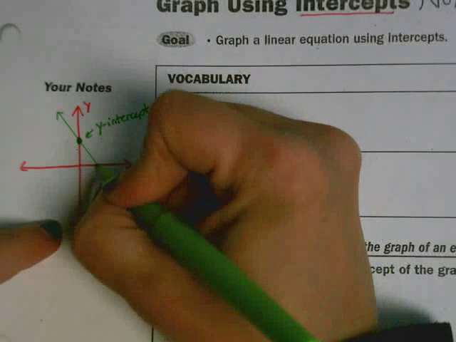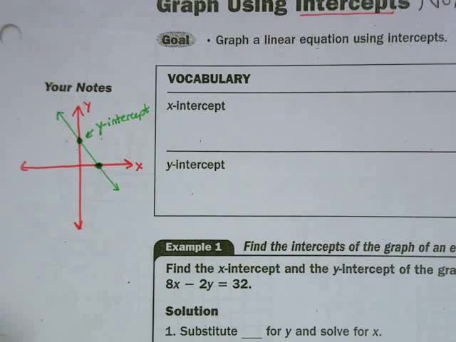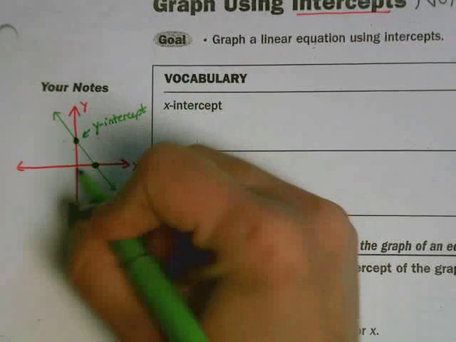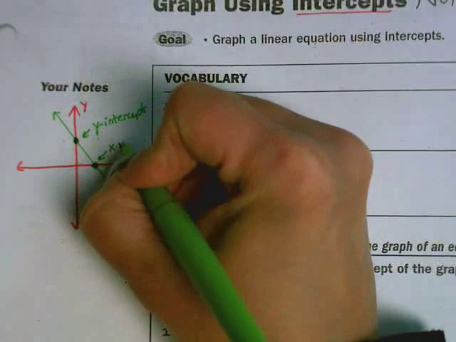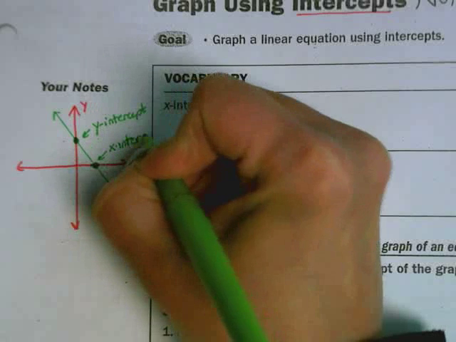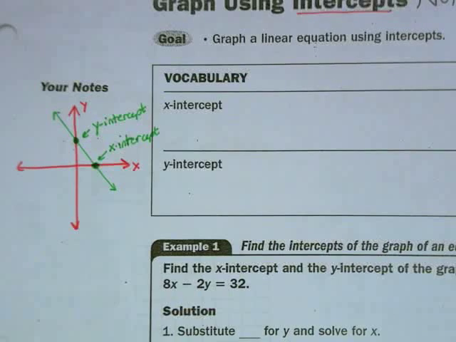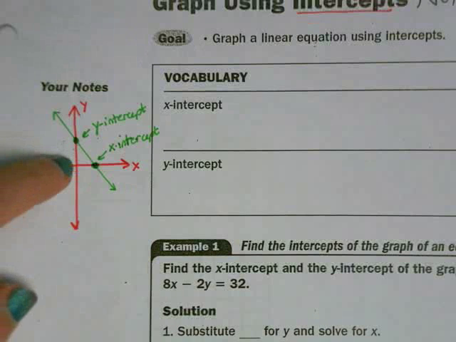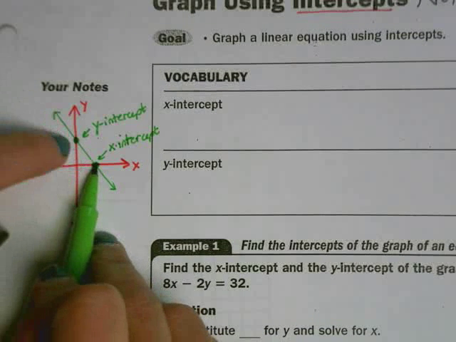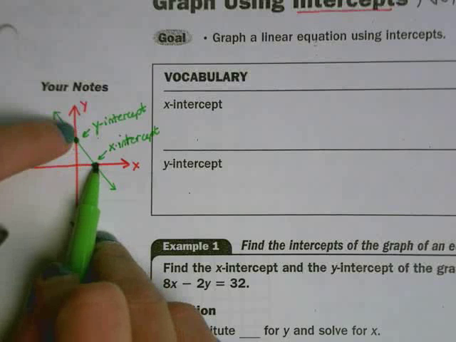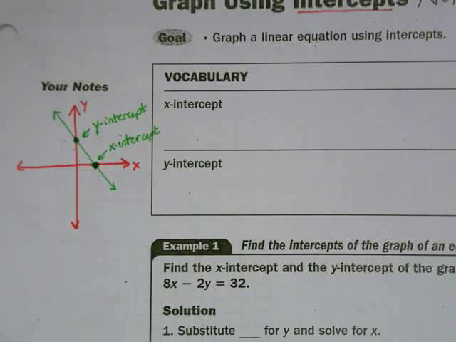All right, and then right here, this point on this graph would be where it hits the x-axis, so this would be its x-intercept. There we go. So the theory is that if we can find where the line hits the x-axis and the y-axis, then we can put two dots there, connect the dots, and we've got a line.